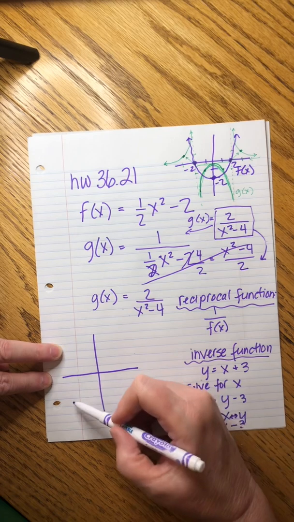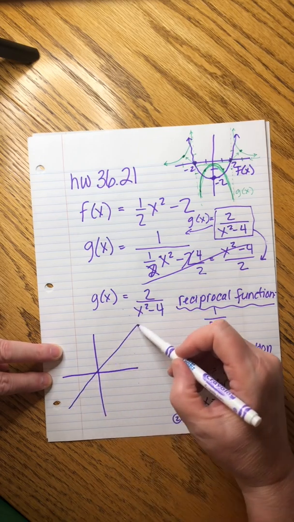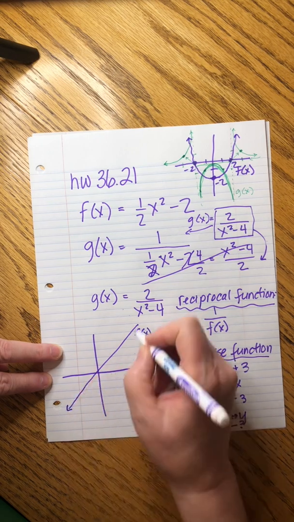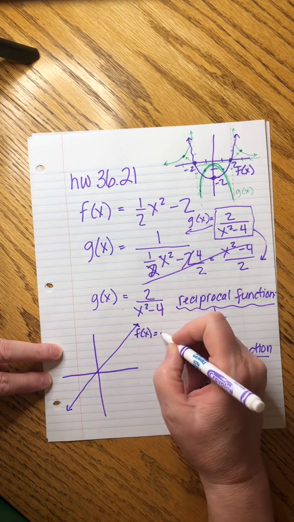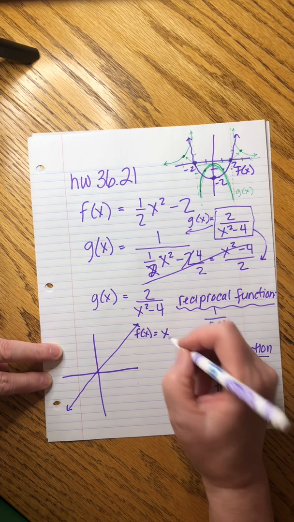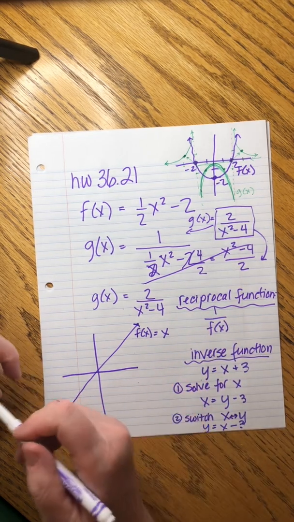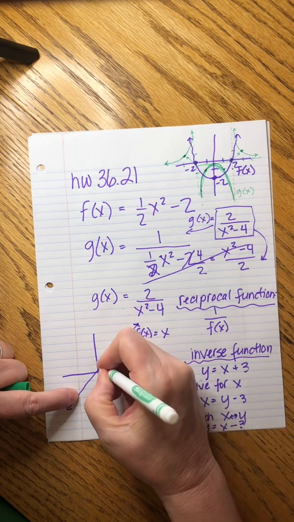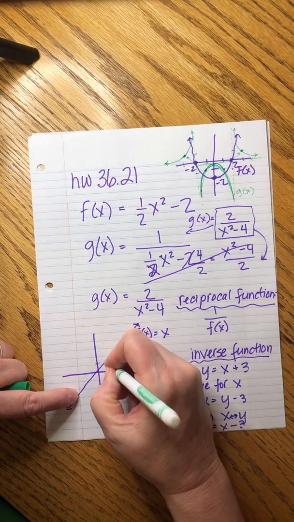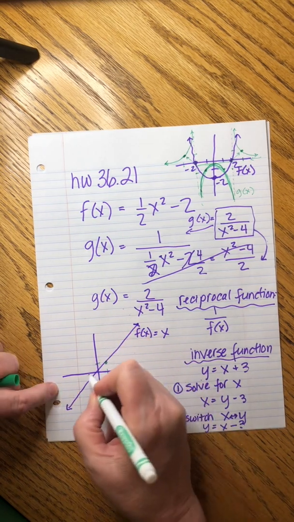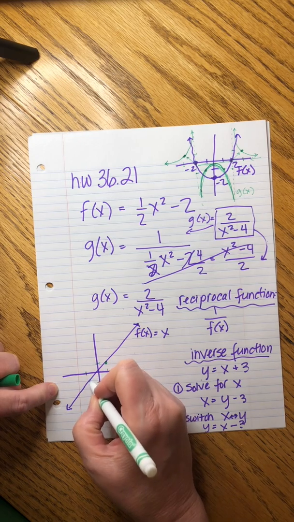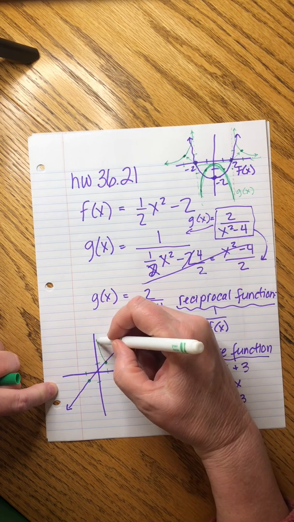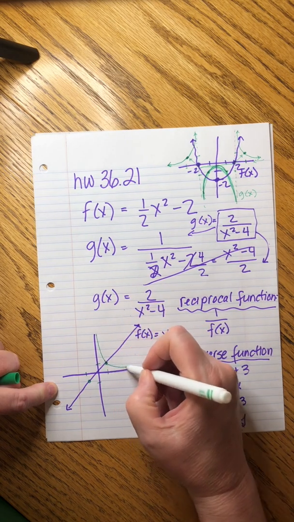Remember that we've mostly been looking at lines, and if this is our f of x, and it goes right through f of x equals x, that's what we've been doing, the x and y. Remember that the way we calculate these is that we go over 1 and up 1, we put a dot there, and then we go down 1 and over, and put another one, and then this is where our asymptotes fit.